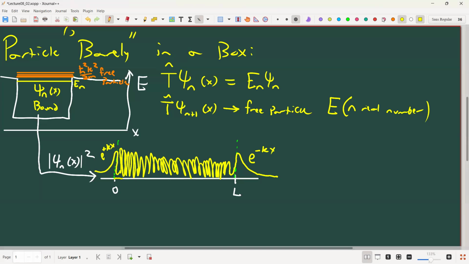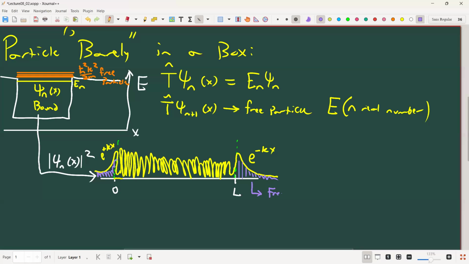And so, anything that's in this region here, which I'll mark in purple, this is predicting that the particle is now outside the box. It's escaped, right? So this is the free region. The particle is free in these regions. And inside of the box, from 0 to L, it's trapped.